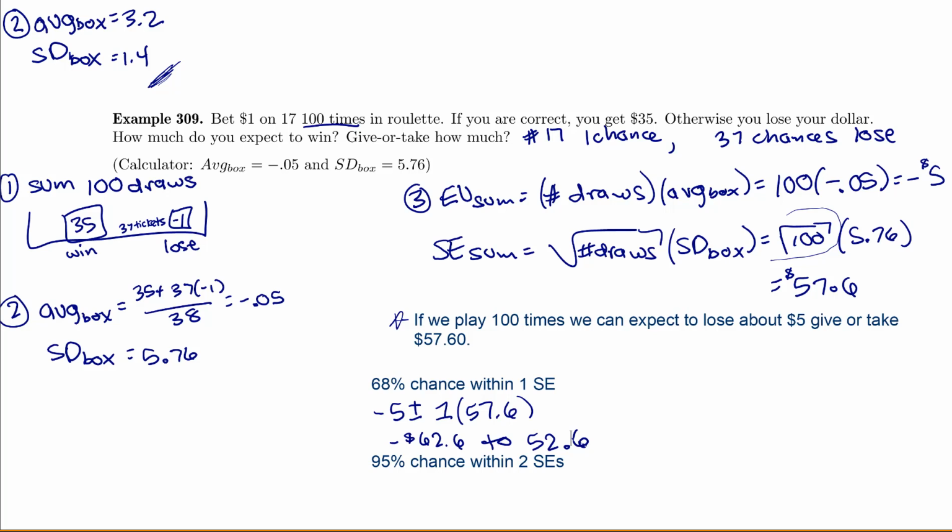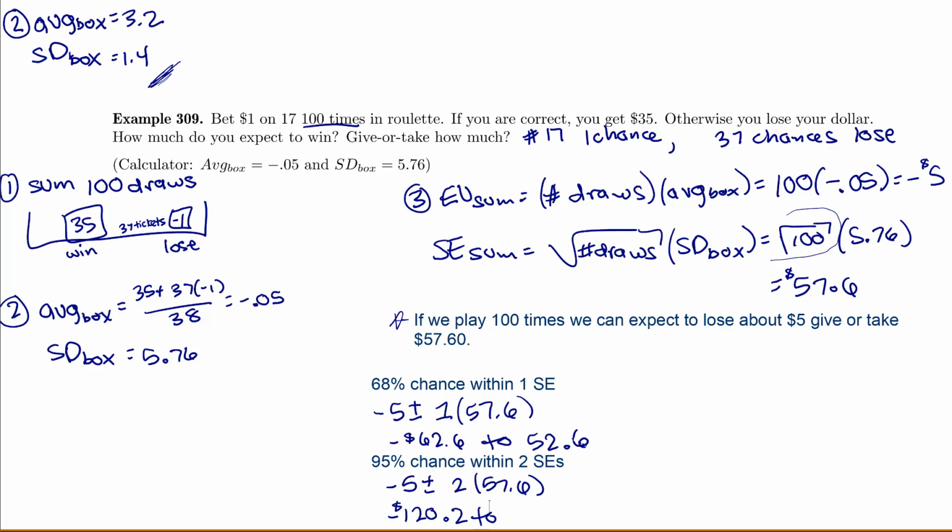Now, you can think of that as the price to pay to play long enough, 100 times, which is probably a whole evening. Maybe you are okay with that risk, but other people might not be. Let's see what happens for our 95% chance. That would be -5 plus or minus 2 times the standard error of 57.6. So I put in my calculator -5 minus 2 times 57.6, which gives me -120.2.